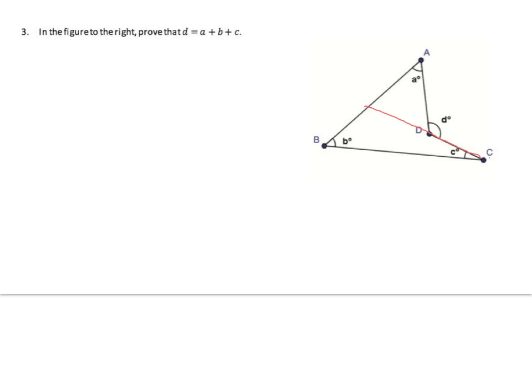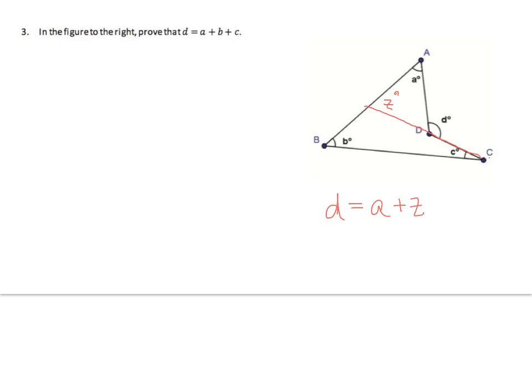Awesome. So let's see, what are we going to do here? Let's label this angle Z. I'm just going to give you a few pointers. And it looks like I can do D is equal to A plus Z because of the exterior angle is equal to the sum of the two opposite interior angles.